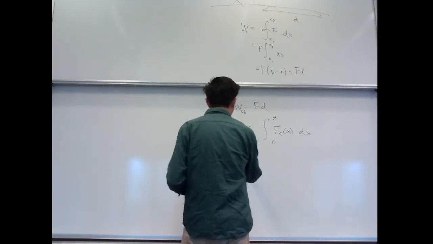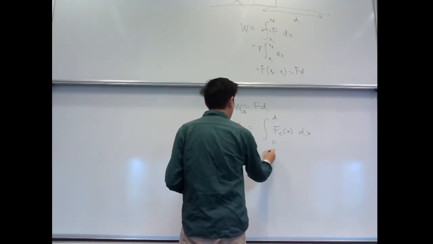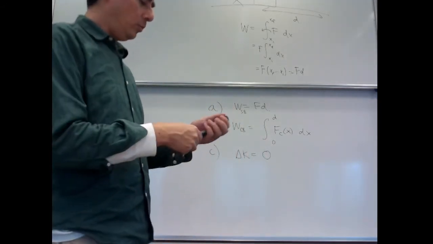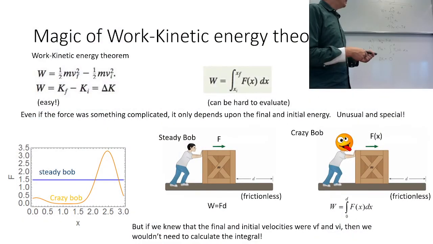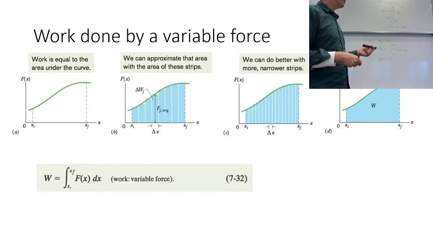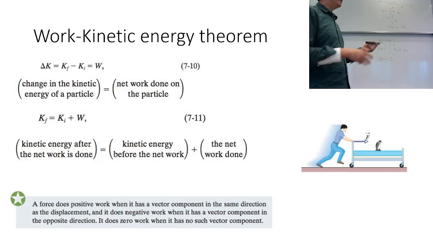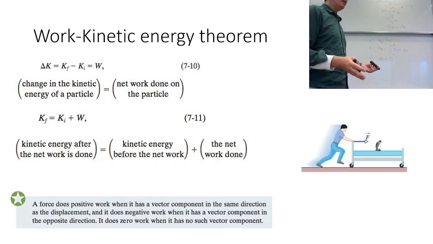So the change in kinetic energy is 0. And this work kinetic energy theorem, if you're applying it to the system with the box, is actually the total work done on the box, right?